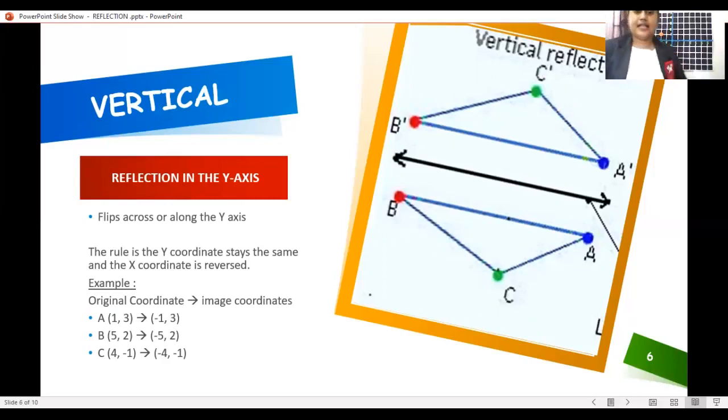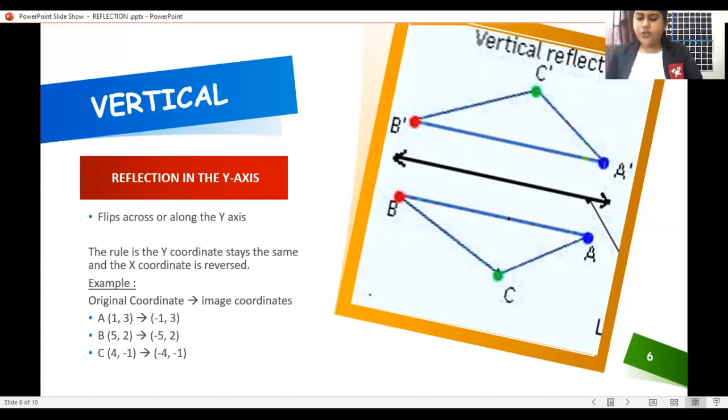Is that clear, students? Good. Now, we know reflection is a flip, so we're going to flip across the y-axis. We know the rule in the x-axis is that the y-coordinate changes. Let us see what is going to be the rule here.